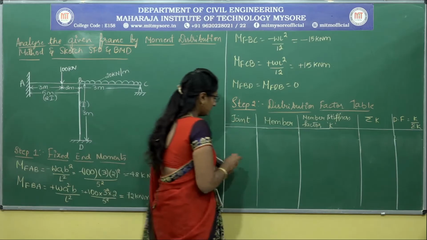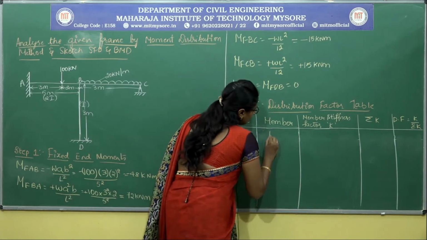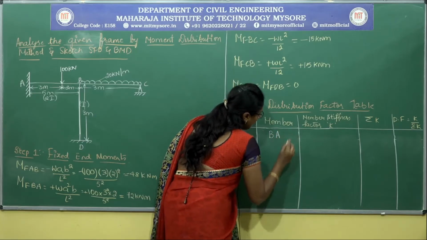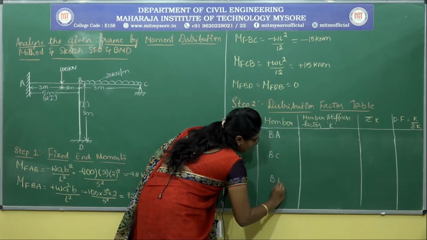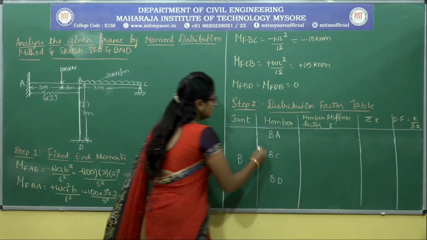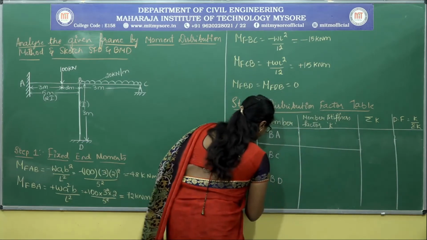So I take up joint B, for which you have 3 members BA, BC and BD.